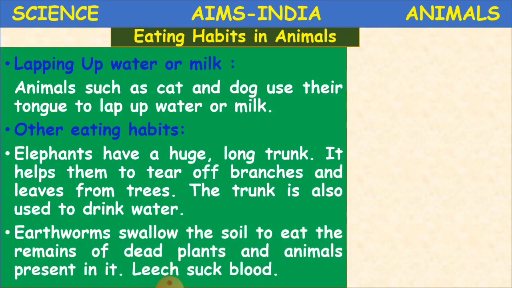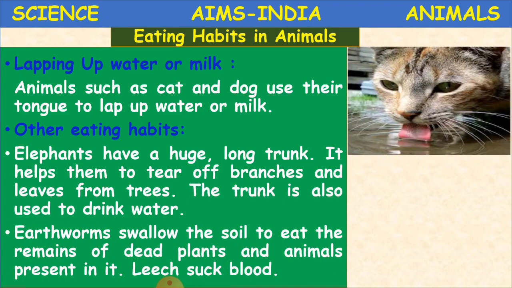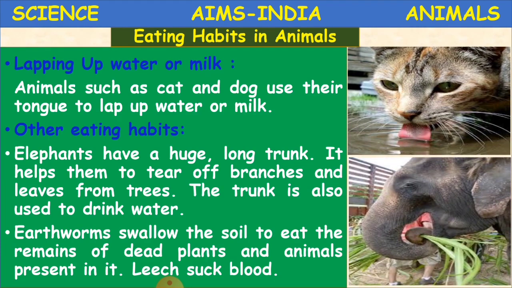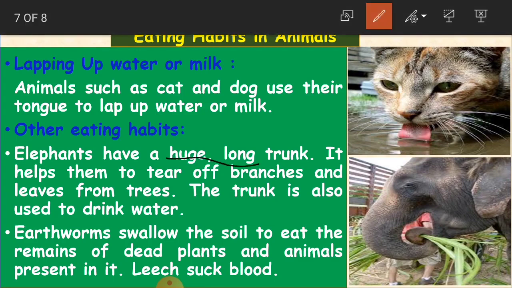And elephants have a huge long trunk. It helps them to tear off branches and leaves from trees. The trunk is also used to drink water. How does the elephant drink water, children? With the help of this long and huge trunk. See the trunk of the elephant here?